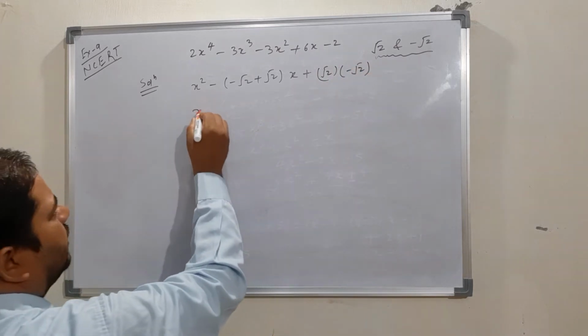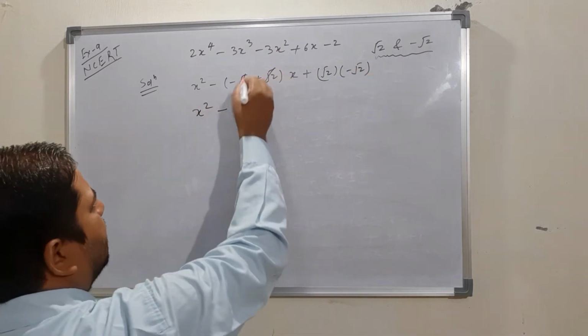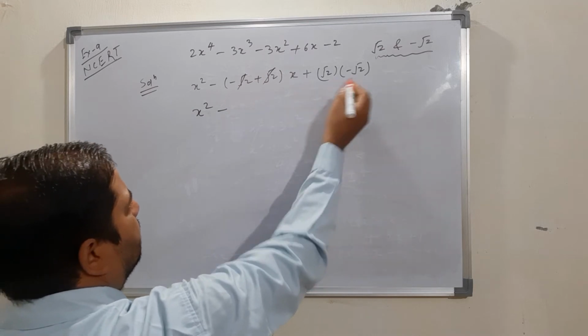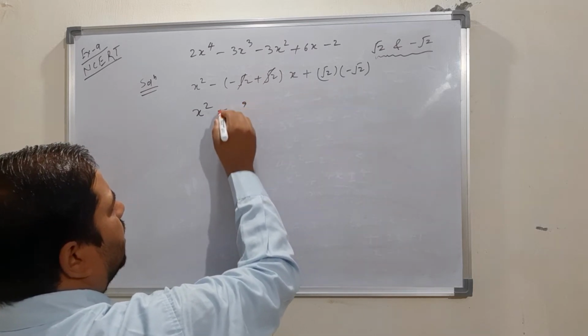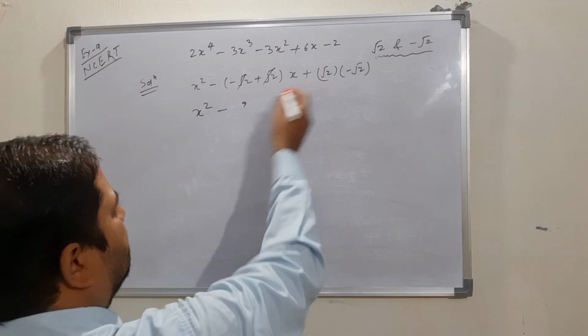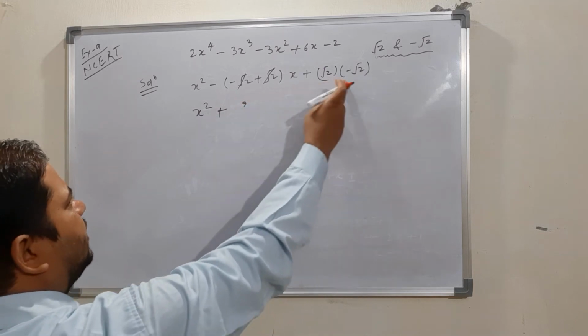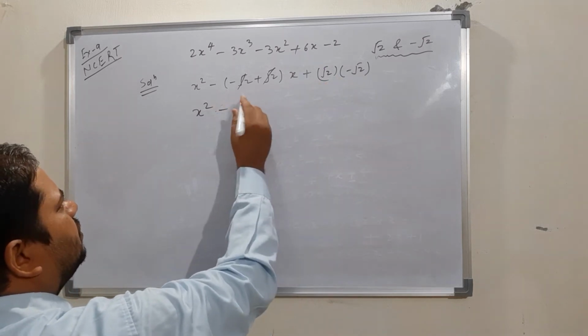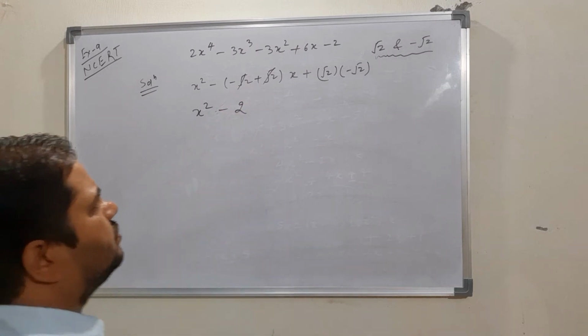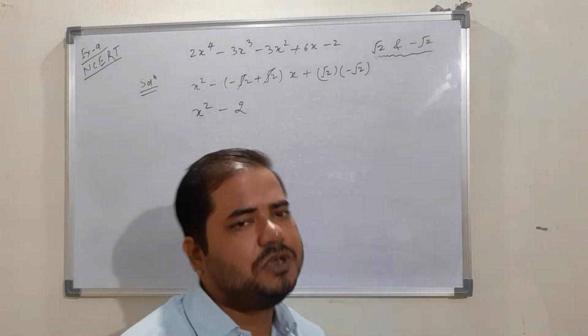That is x square minus, this cancels out, and the product is minus 2. So this is the polynomial using these zeros.